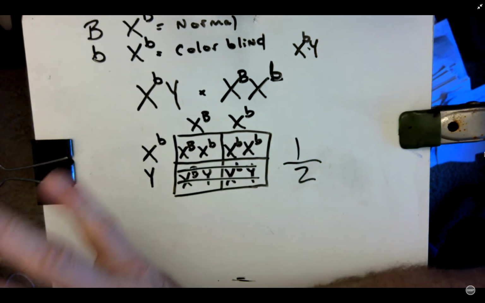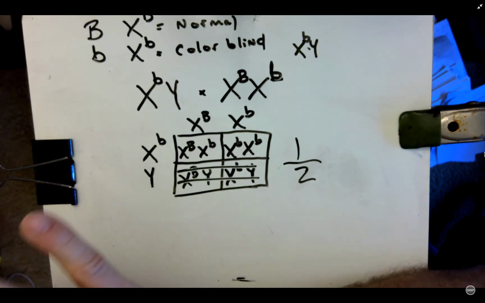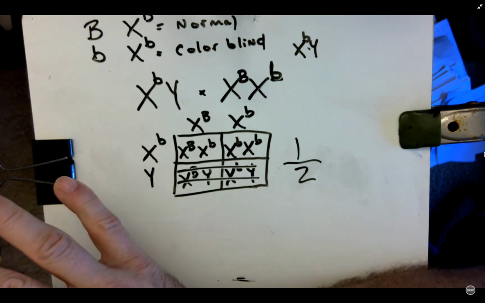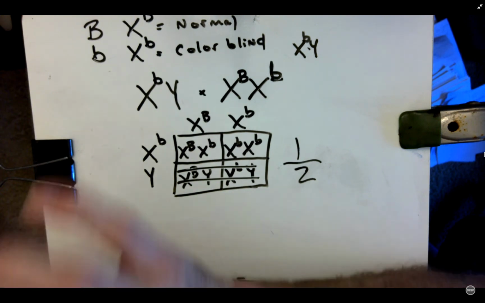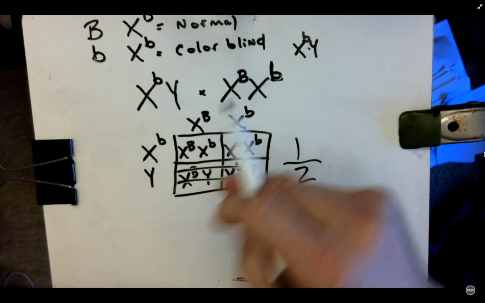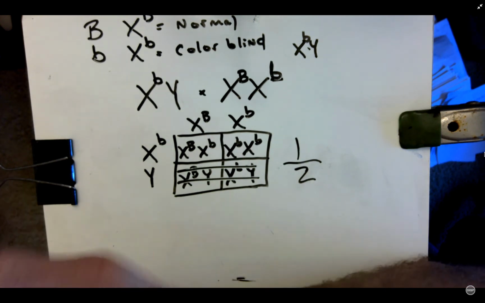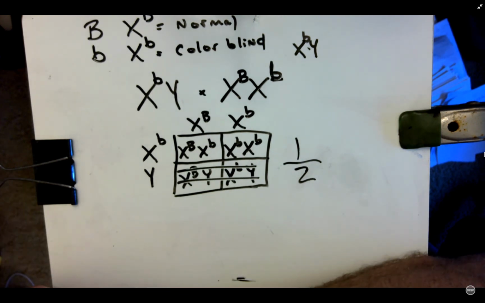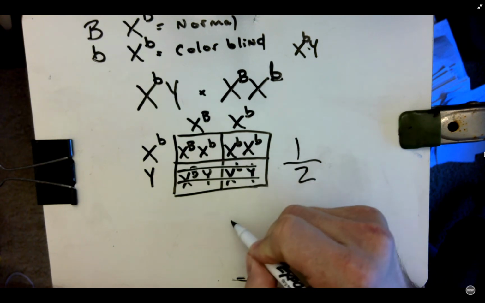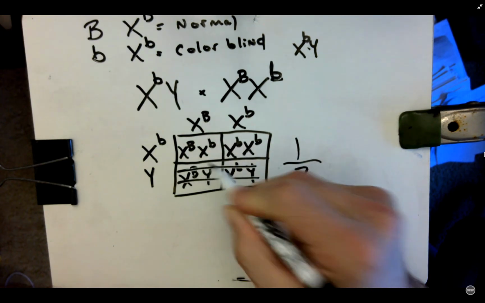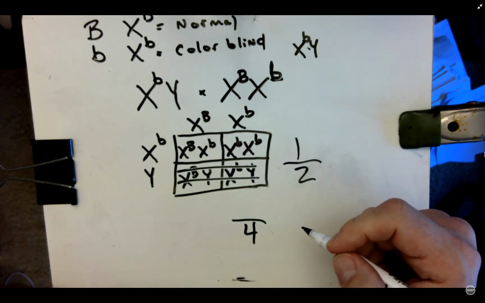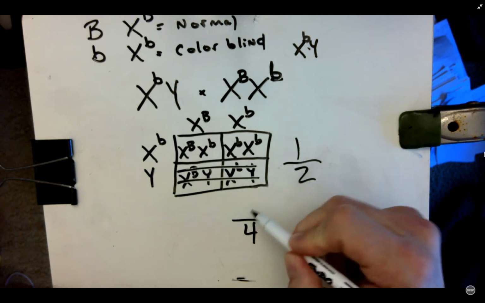So be very careful about how the question is worded. What information is it telling you up front? Which of these can you cross off as possibilities? Now the other is, what is the probability they will have a colorblind son? There are 4 possibilities because of the way they worded the question, and colorblind son is just that 1 there.